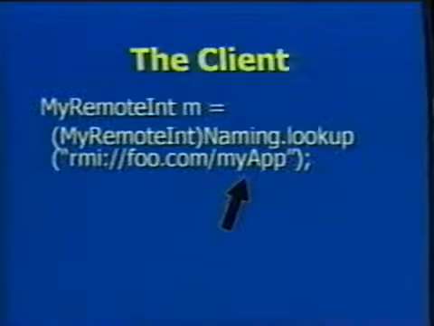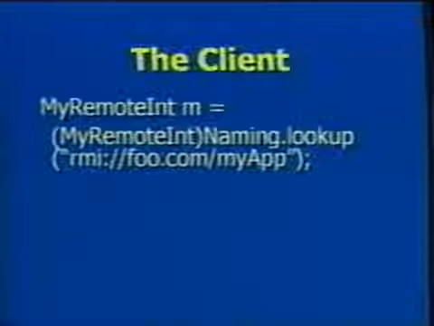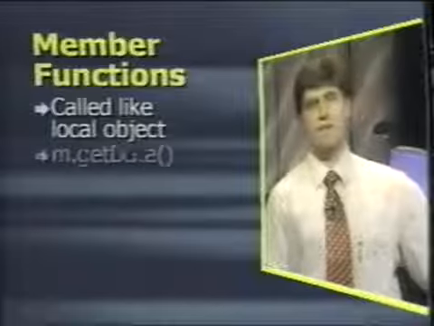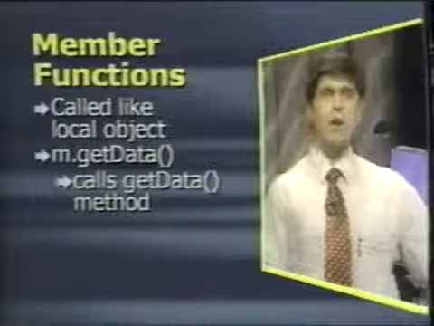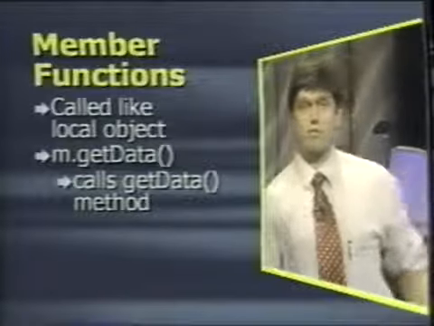When that remote reference is returned, we're just going to store it into MyRemoteInt. When we want to call its member functions, you would do it as you would any local object. We just stored MyRemoteInt in the variable m, so we call m.getData, and that's going to call the getData method on our remote app.